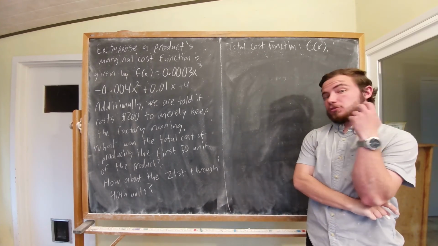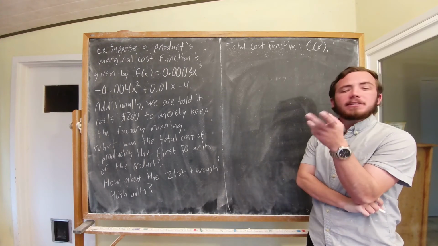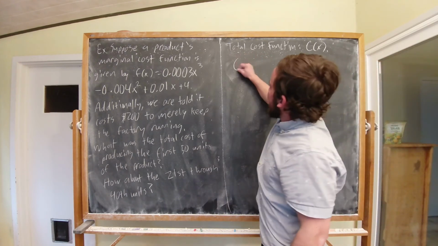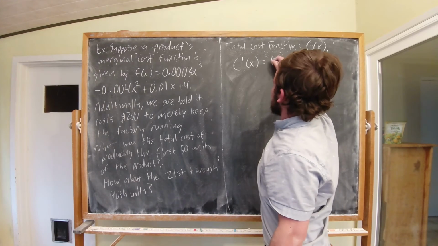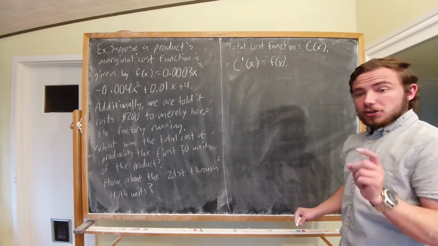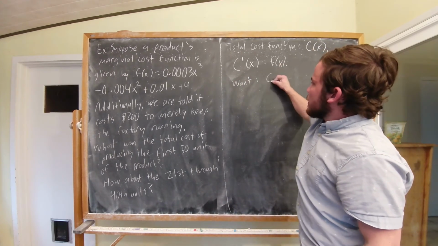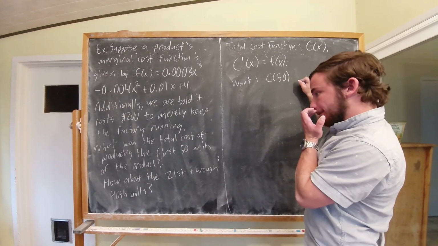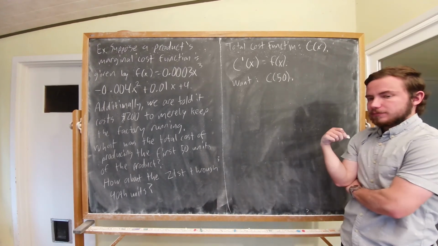What's the relationship between marginal cost function and total cost function? Well, anytime we're talking economics, the word marginal means derivative, so we know that capital C prime of x is equal to little f of x. Okay, for the first question, we want C of 50. Cost of producing the first 50 units.